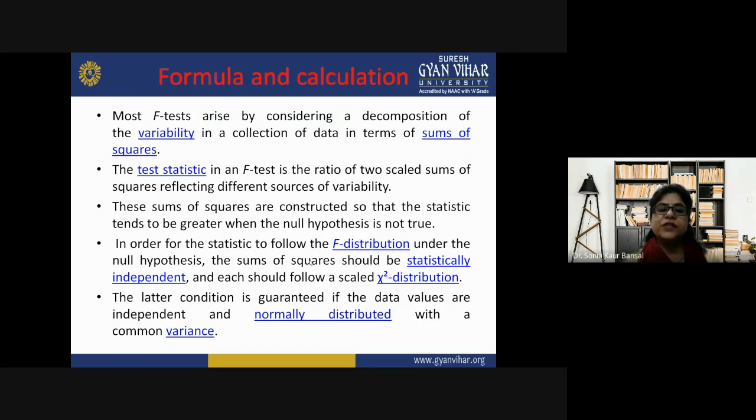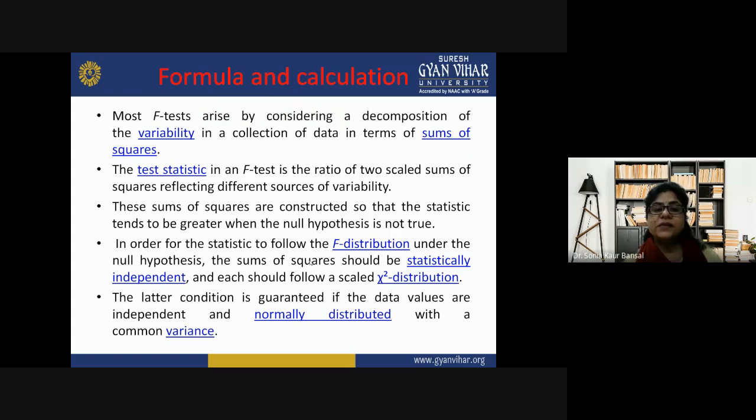So, students, most F-tests arise by considering a decomposition of the variability in a collection of data in terms of sums of squares. So variability in a collection of data is decomposed into sums of squares, and it is considered when the need of the F-test is actually felt.